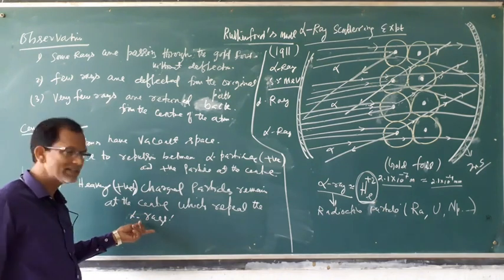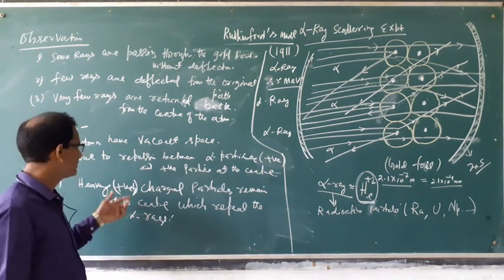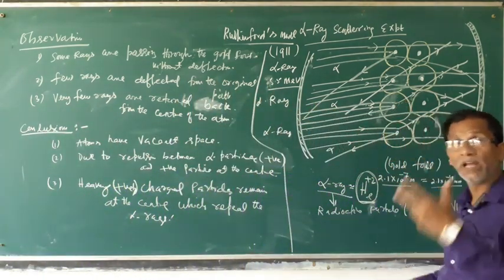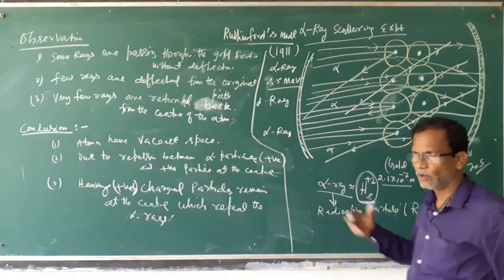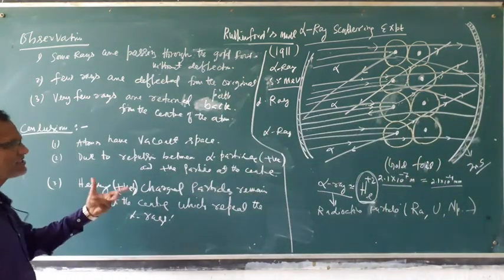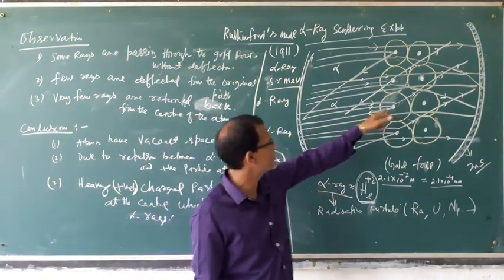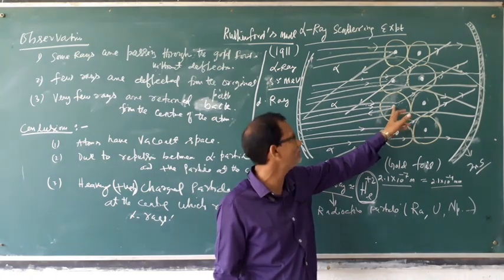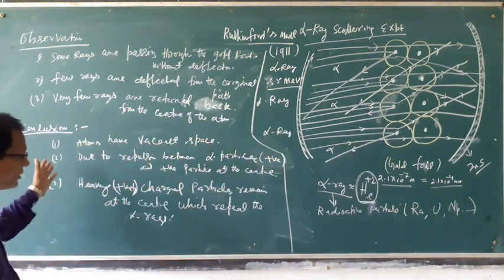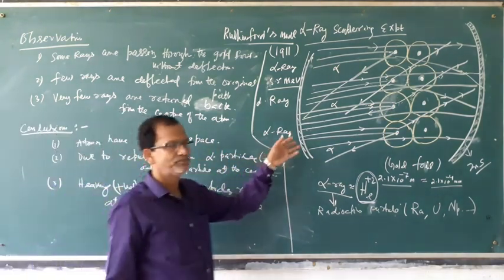The alpha ray is somewhat less heavy, but the particles at the center are heavier than the alpha ray. If you compare the density, the alpha ray particle density is low, but the central part of the atom carries heavier particles. Due to the repulsion, the ray completely returns back.